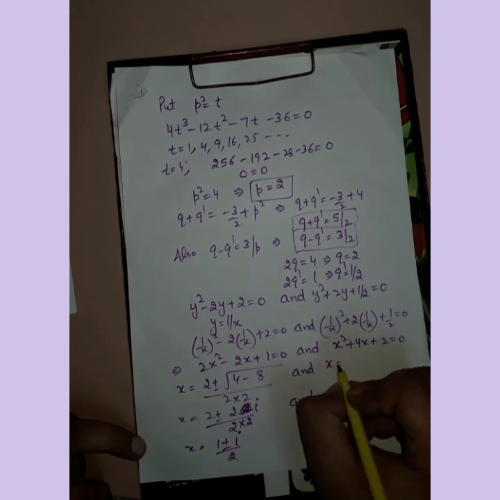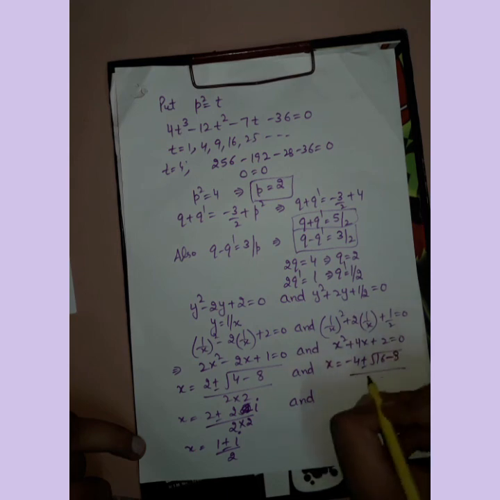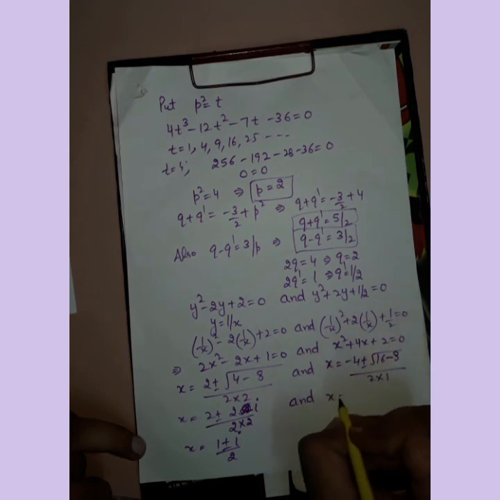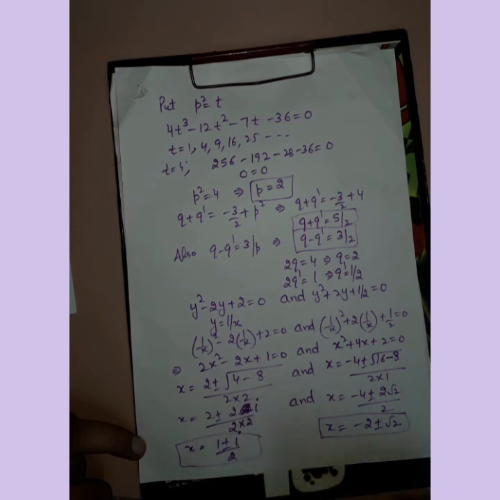And for the second, x is equal to minus b plus minus root of b square minus 4ac, that is 8, upon 2 into 1, that is x is equal to minus 4 plus minus 2 root 2 by 2, that is x is equal to minus 2 plus minus root 2. So two roots are this and two roots are this. So this completes the equation. Okay, thank you.